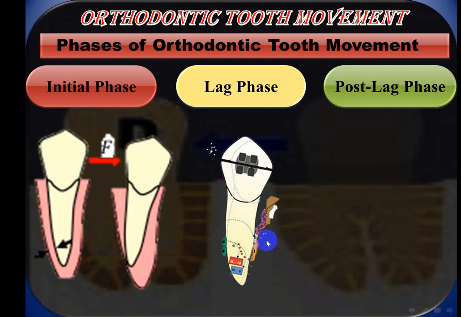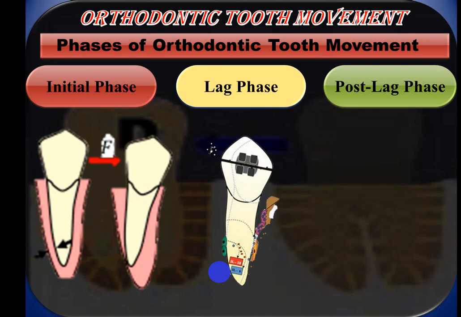So osteoclast cells will differentiate on the pressure side and osteoblast cells on the tension side. The lag phase will be longer if we apply a heavy force and shorter if we apply a light continuous force.